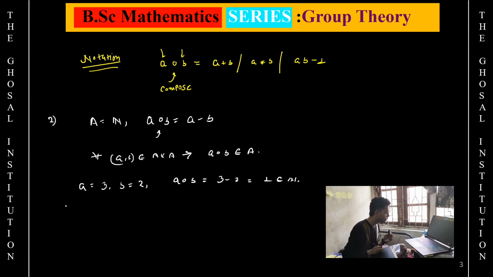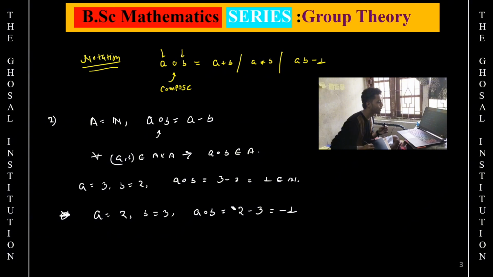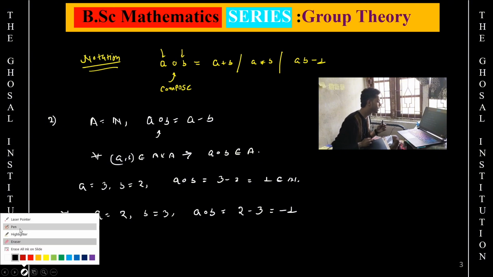Okay, and since it is a minus b, if you take a as 2 and b as 3, just reverse it, what will be your a compose b? That is 2 minus 3, and 2 minus 3 is minus 1, which doesn't belong to the set of natural numbers.